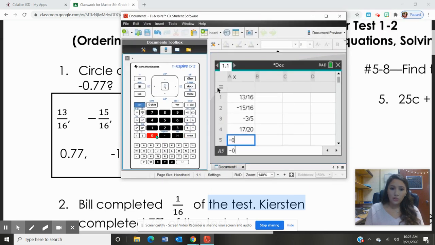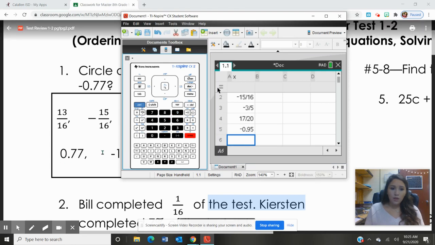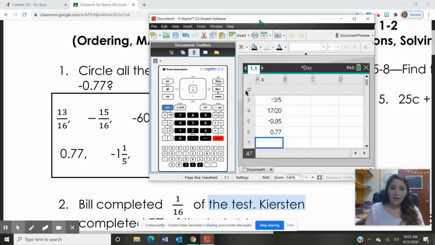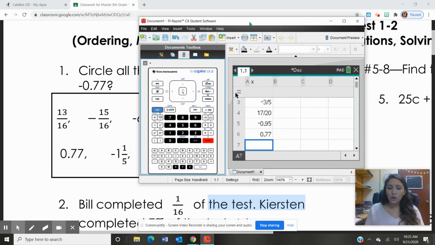So negative 0.95, enter. My next number is 0.77. My next number is a negative mixed number. Whenever we do mixed numbers, it's usually 1 plus the fraction. But if you notice, there's a negative symbol right here.